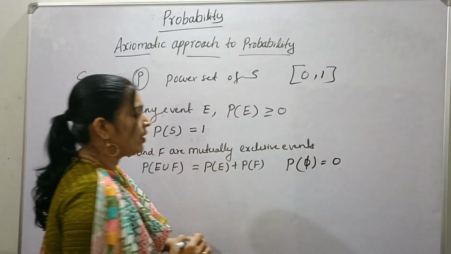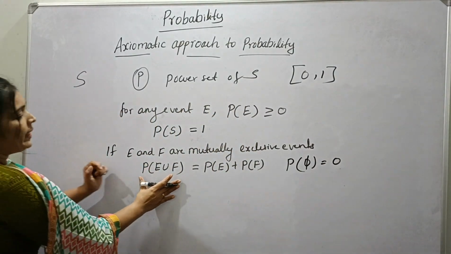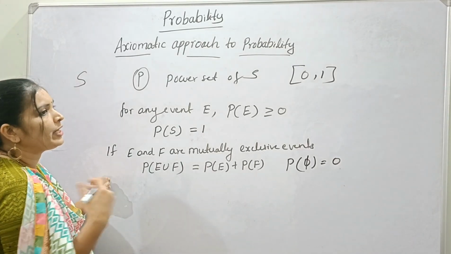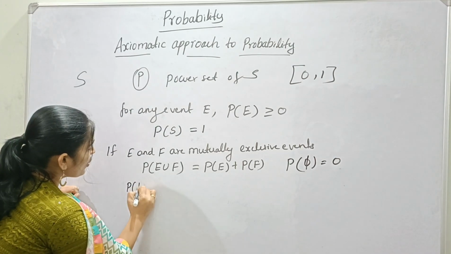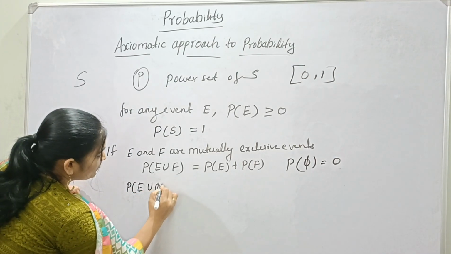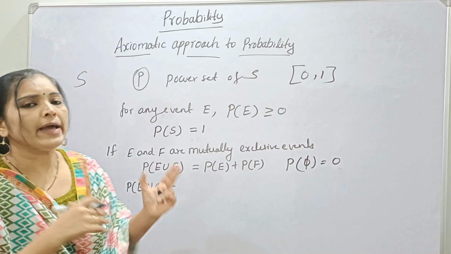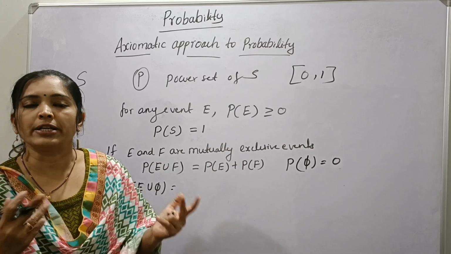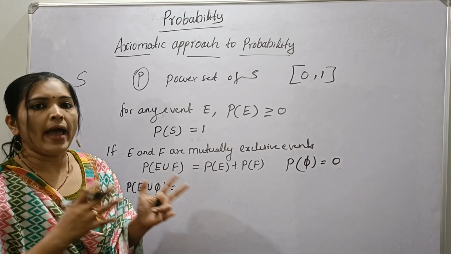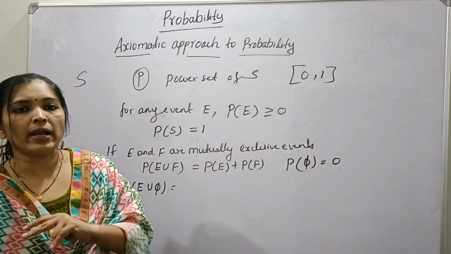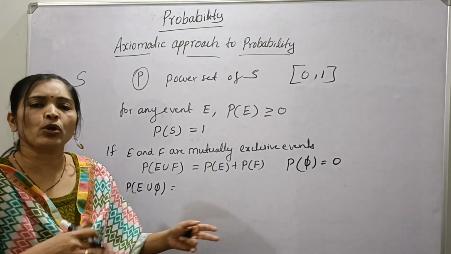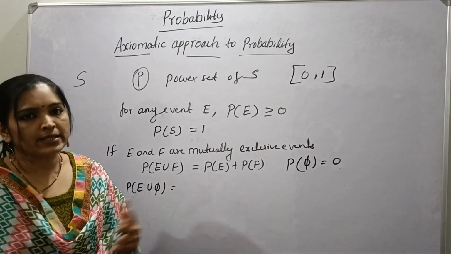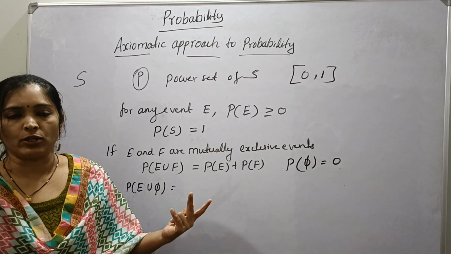is equal to 0. Why? Let us take an event E, and consider probability of E union phi. We know that E and phi are mutually exclusive since their intersection is the null set. Phi has no elements, so when we take the intersection we get no common element.